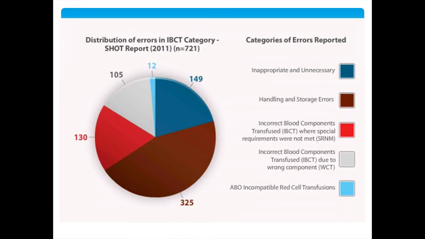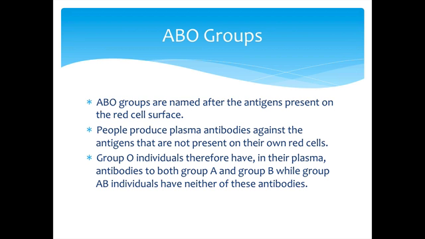So in terms of incorrect blood components transfused, the biggest area for errors to occur in 2011 were in the handling and storage of components. And again, we can see that unnecessary transfusions also come into this part, as well as special requirements not being met.